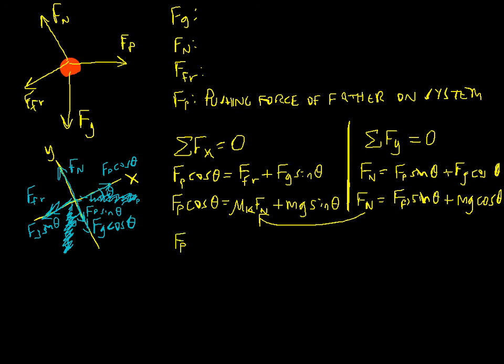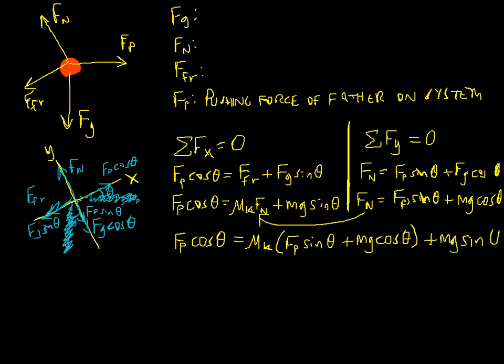It is Fp cosine of theta equals mu k times the normal force, which is Fp sine theta plus mg cosine of theta, and then after that just continue this equation, so plus mg sine of theta. And let's go ahead and distribute that mu k into the parentheses.